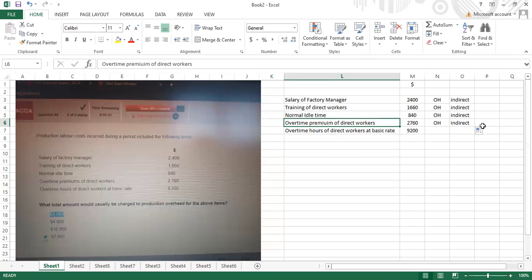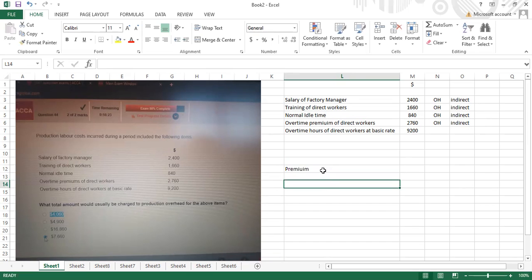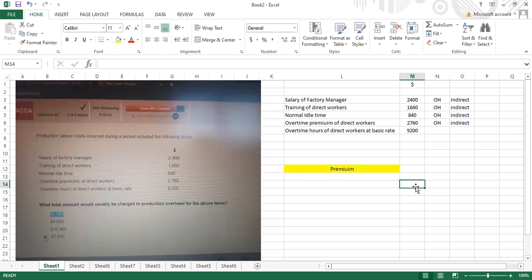And there is a word written, premium. What is premium? I am going to tell you after solving this question. So right now I'm saying that overtime premium of direct workers is indirect cost. Otherwise, all of them are indirect; only this one is direct cost.